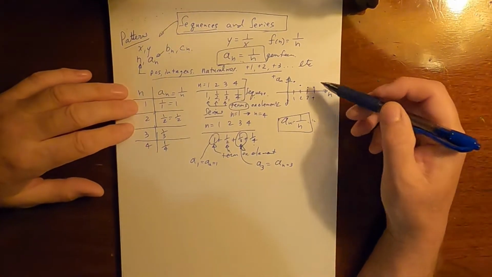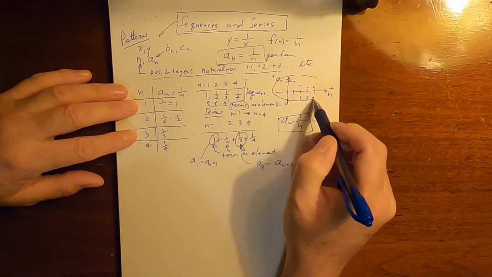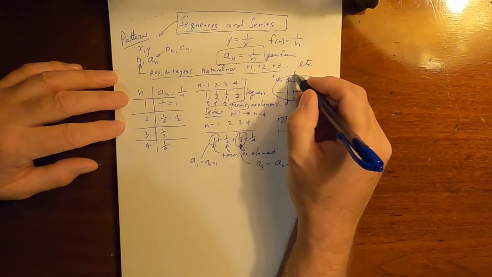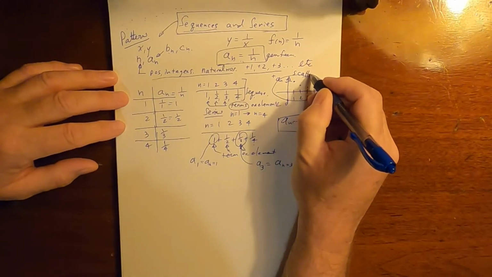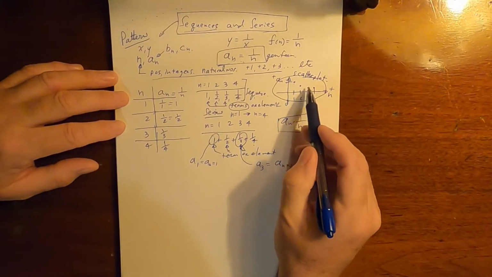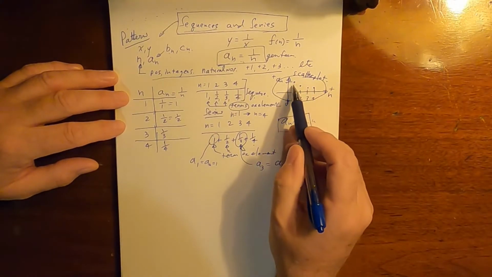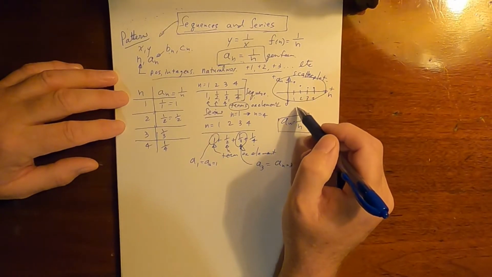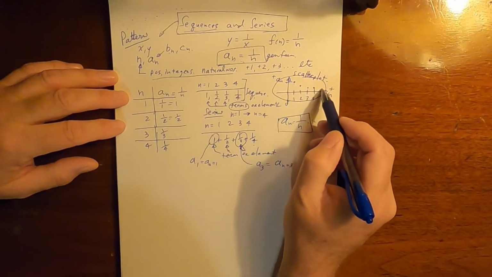Now, I liken these graphs to what comes to mind, a scatter plot. For instance, they're points, a set of points. They're not going to give you a line.